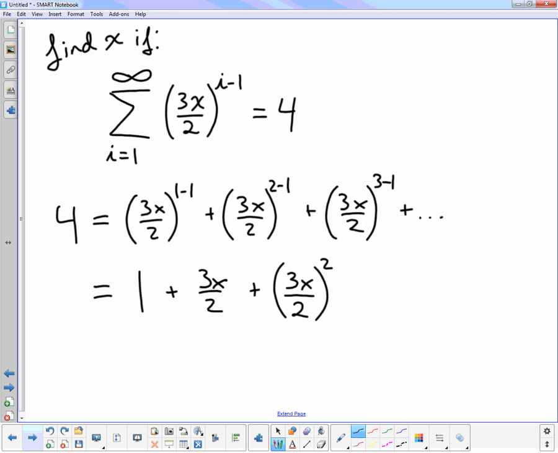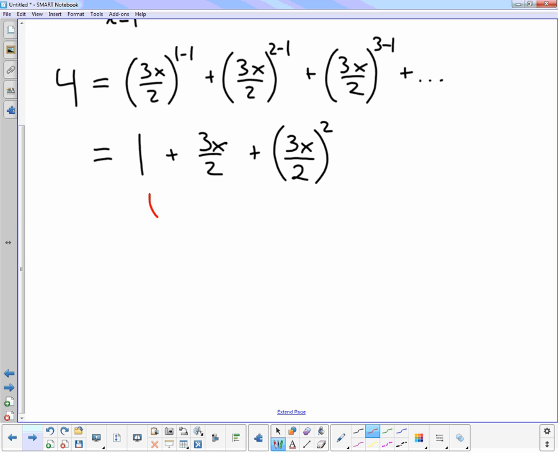But that's not really as wonderful for me, because what are you seeing from term to term to term? What kind of a series is this? So it is a geometric sequence, infinite or finite.